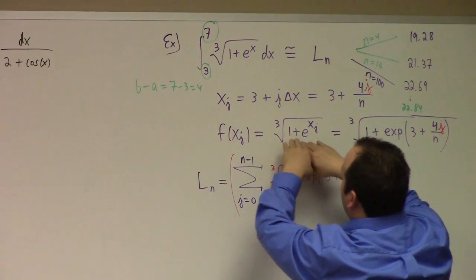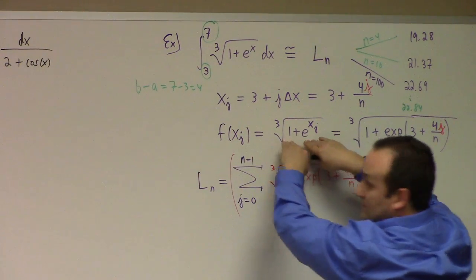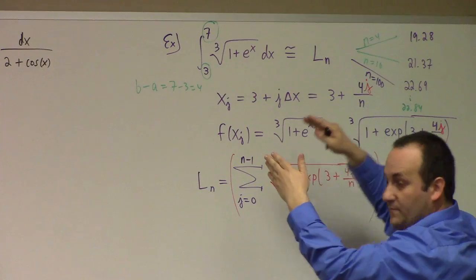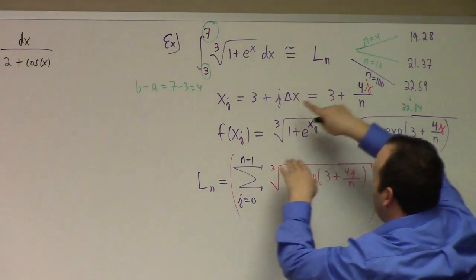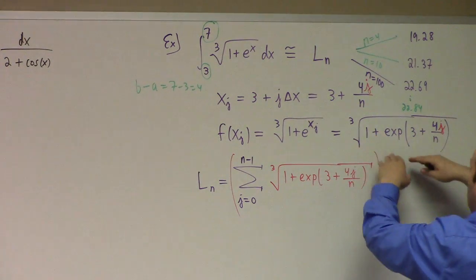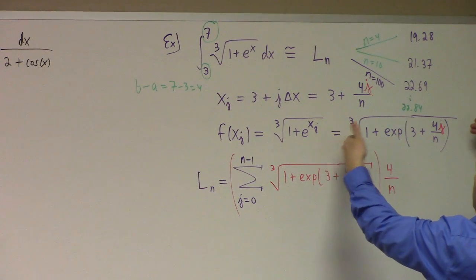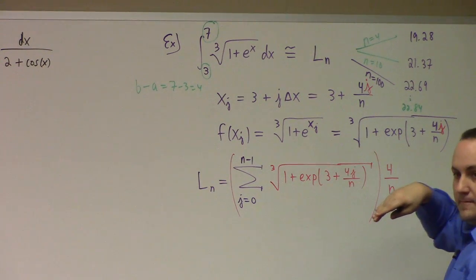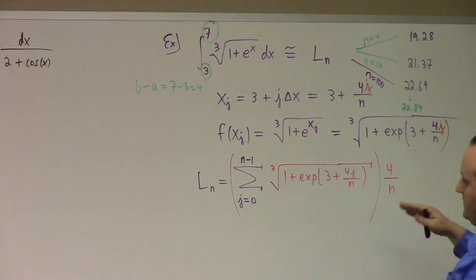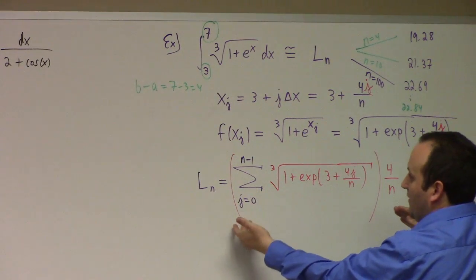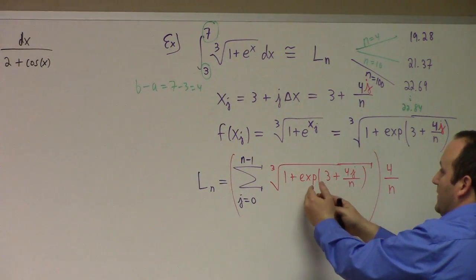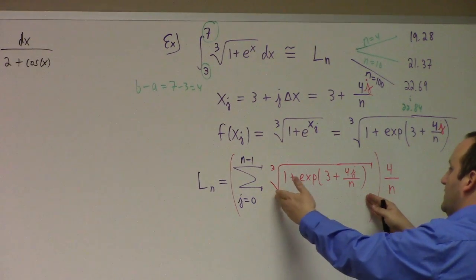Well, that's the cube root of 1 plus e to the x sub j. So then I feed x sub j into the exponential, and here it is, 1 plus the exponential of 3 plus 4j over n. Then I just do the left endpoint rule, which says sum j equals 0 to n minus 1 of the cube root of f of x sub j, which is this.